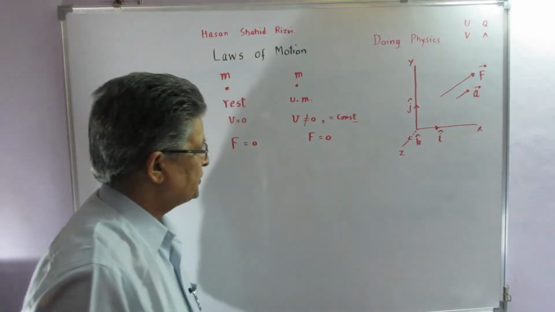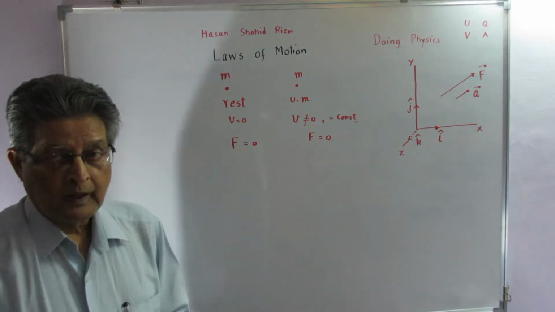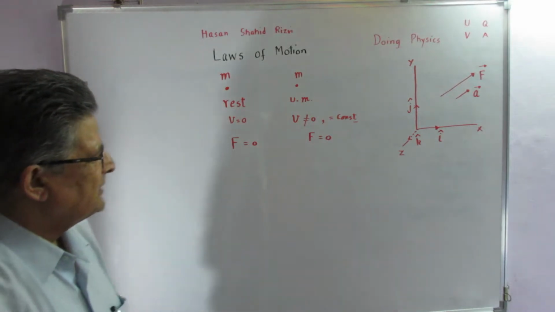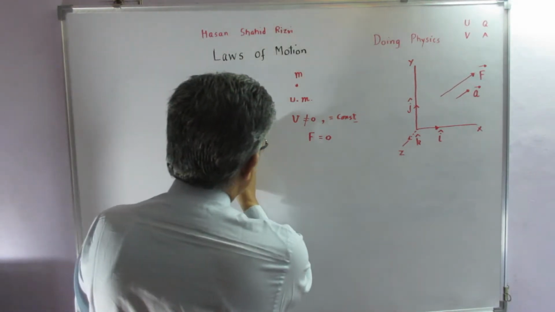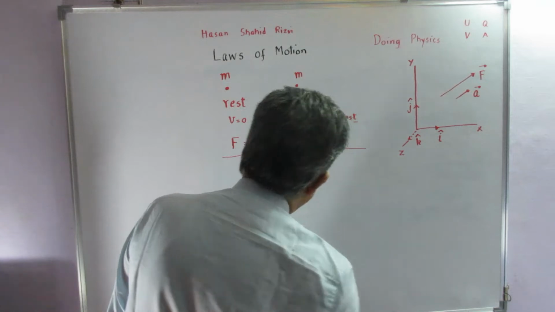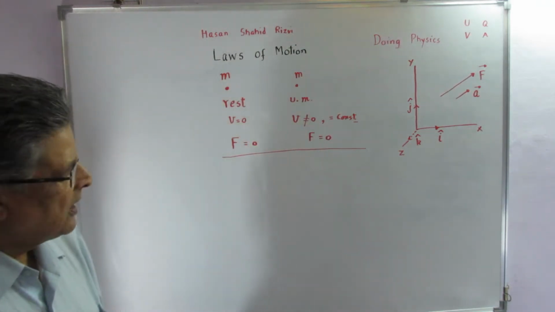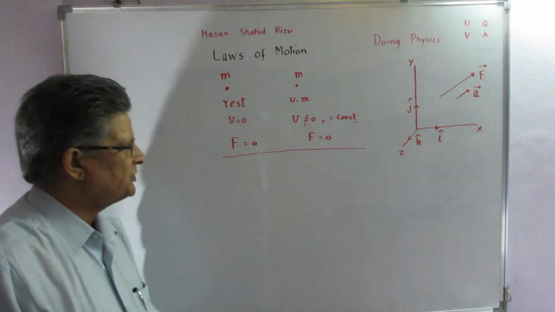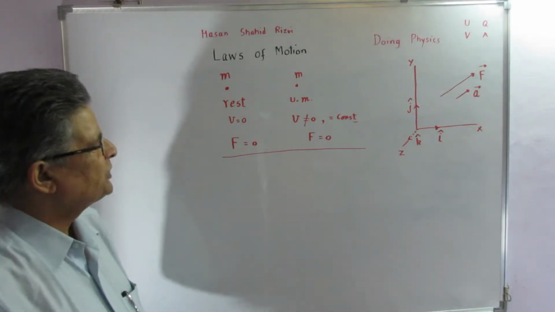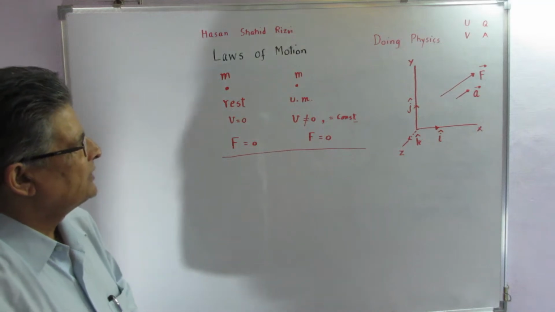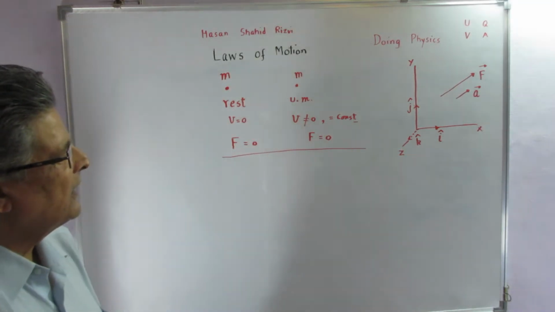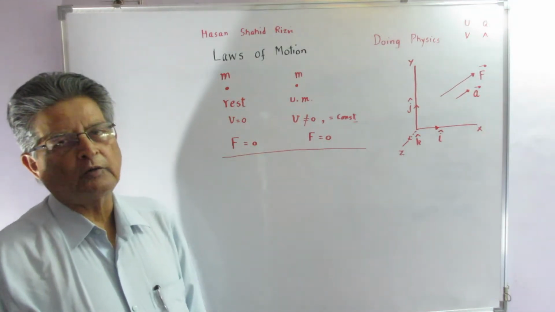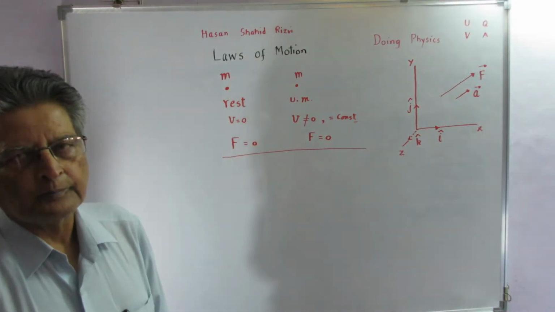But if a change is taking place, then what Newton said is that at least one more body is required, which creates the cause of the external force acting on a body.